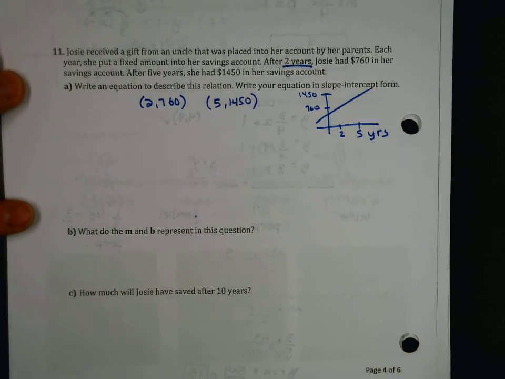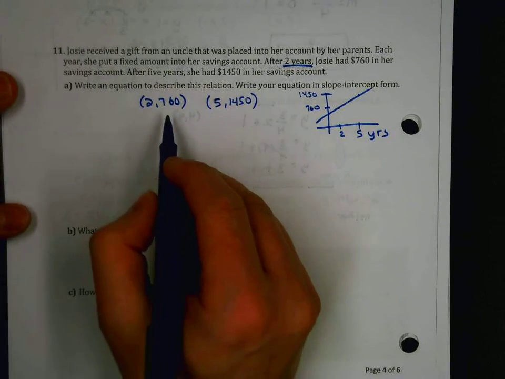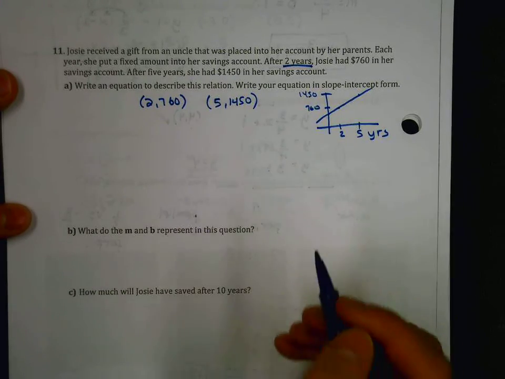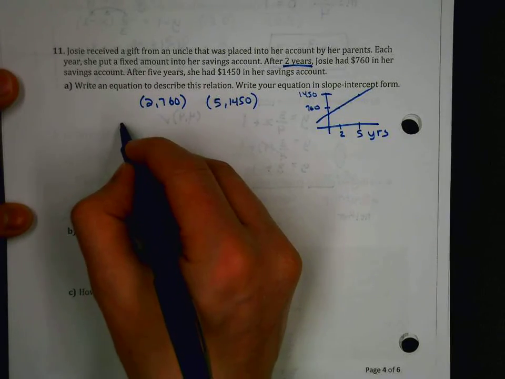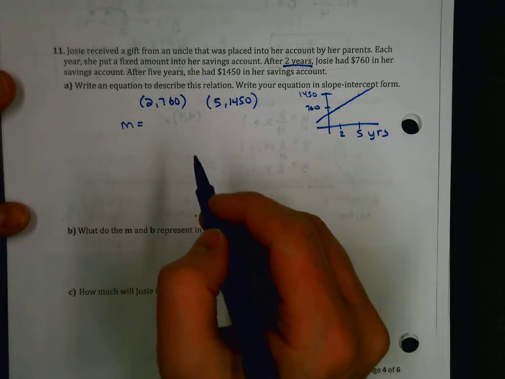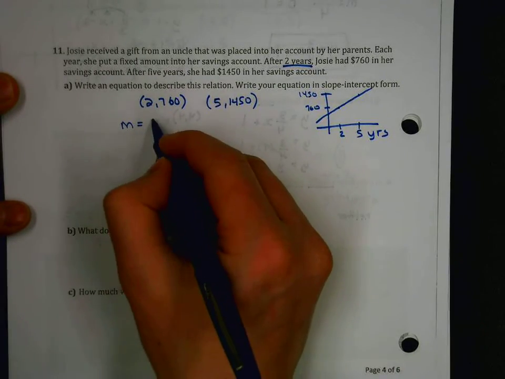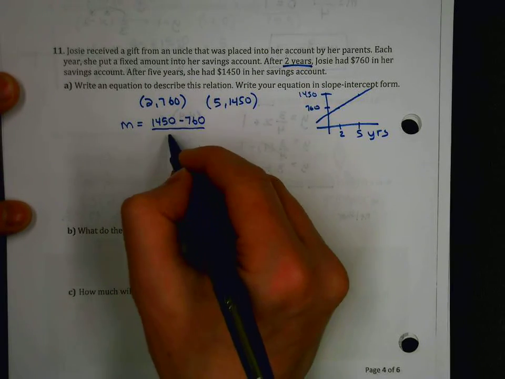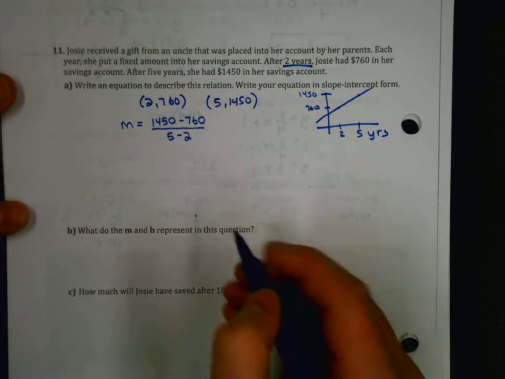We'll get you started with this question, but it asks between 2 points, write an equation to describe this relation in slope-intercept form. So we do need to get a slope first because we don't actually have anything other than 2 points. If we do 1450 minus 760, all divided by 5 minus 2, that's our equation for slope.